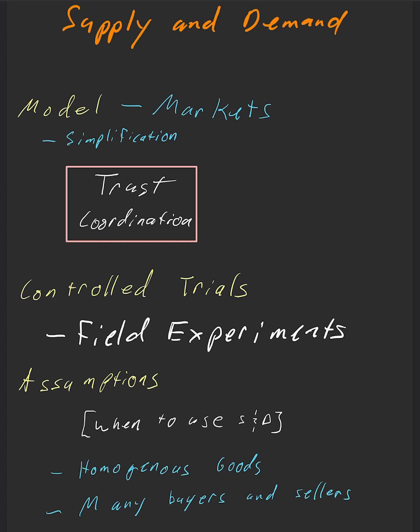So homogeneous goods is the idea that what we are selling and buying are the same thing, right? This is an assumption that we'll relax later on in the class. But to start with, we should be talking about a situation where the goods being sold are the same. Classic examples of this would be agricultural products or commodities, where a bushel of wheat is approximately the same from farmer A and from farmer B. You wouldn't be able to tell them apart, right?